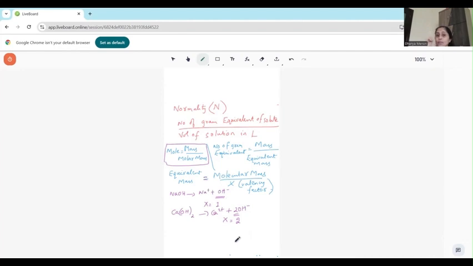Equivalent mass, how to find it? Molecular mass over the valency factor, which is nothing but the number of moles of H plus or OH minus ions given off. As we move on, we will discuss salts also. I'll just give a question there.